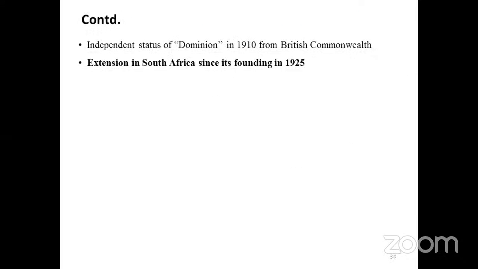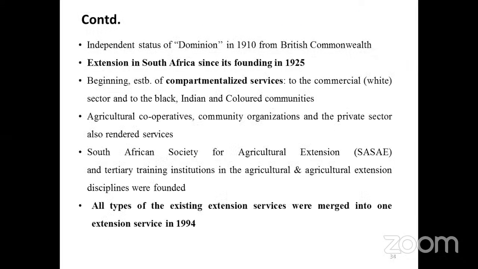In 1910, they got independent status of dominion from the British Commonwealth. And the extension system in South Africa started in 1925 as such.